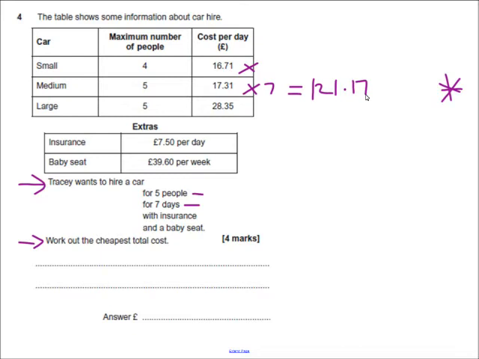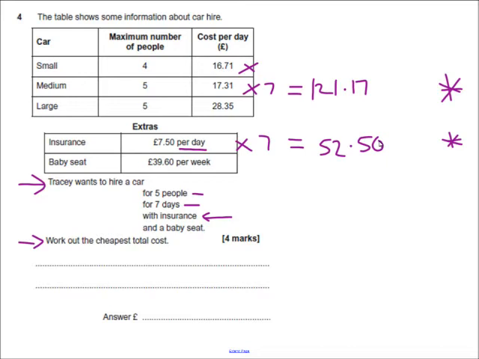Now it says that she wants car insurance, and insurance is per day, so again we need to multiply it by 7 to work out our total insurance. Again, use your calculator, don't take any chances. And that's £52.50 for the insurance.